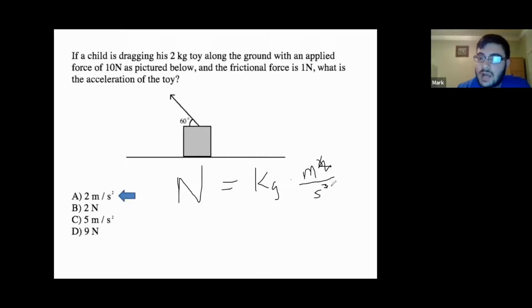These are the standard units of newtons: kilogram meters per second squared. A newton is equal to a kilogram times a meter divided by a second squared. Does that make sense? We just simplify it down to newtons because we don't want to write this every time. Does that make sense?